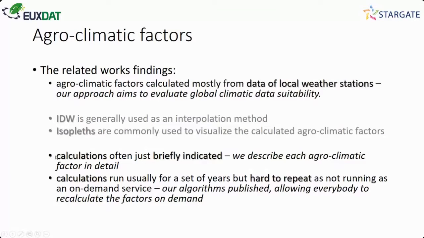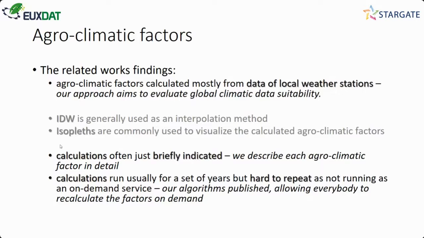Yeah, the next important thing is that usually you get the GDU, growing degree units calculation, and it's like, let's say, 250 days in a year for that place, but you don't get the exact description of the algorithm.